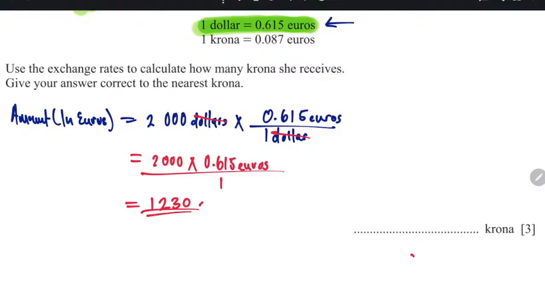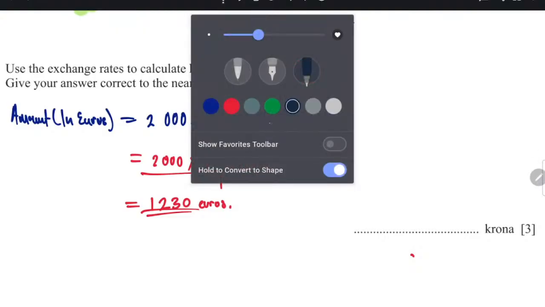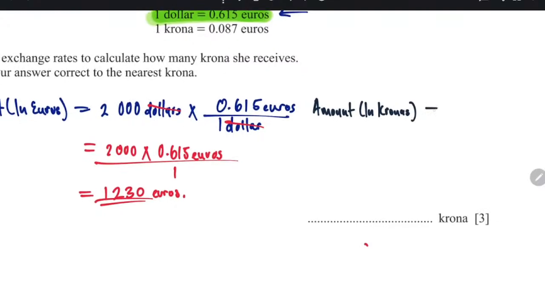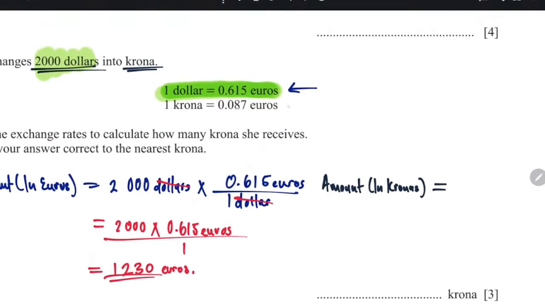We now have euros. Now, how do we do euros to kronas? What is the secret? What do you do when you're exchanging? You convert the exchange rate to a fraction. That's what you do when you're exchanging.